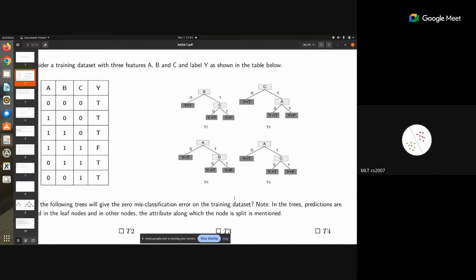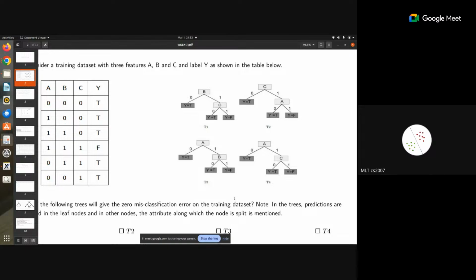Three, right? I will refer to each row as x1, x2, x3, like that. So the first row is x1, the second row is x2. In that case, x1, x2 and x6 will be on the left side, and it will be marked as t, true.